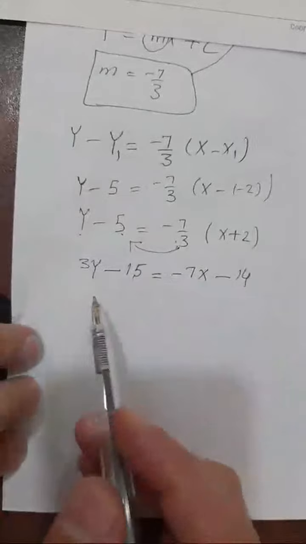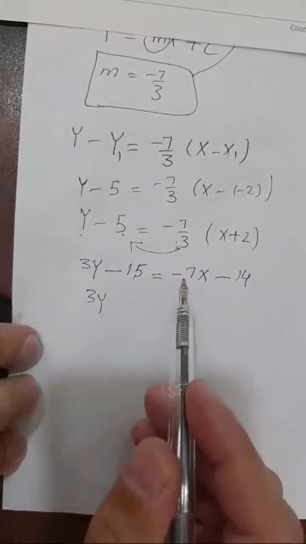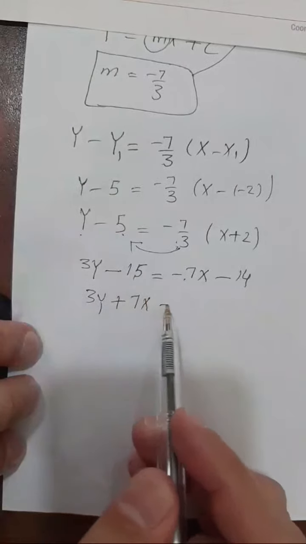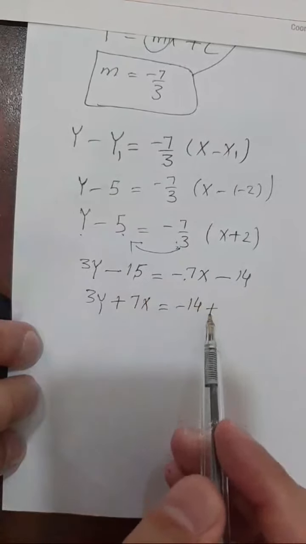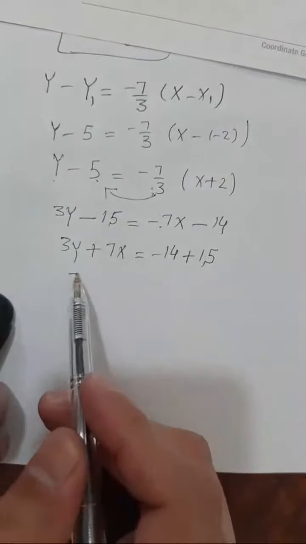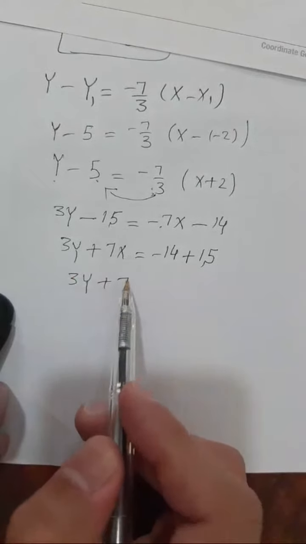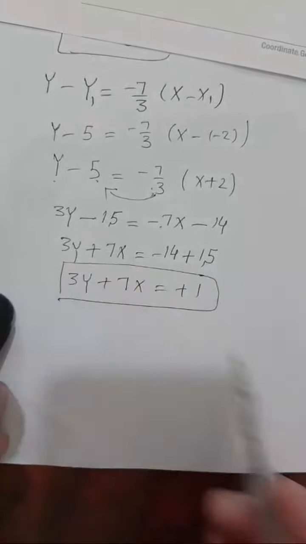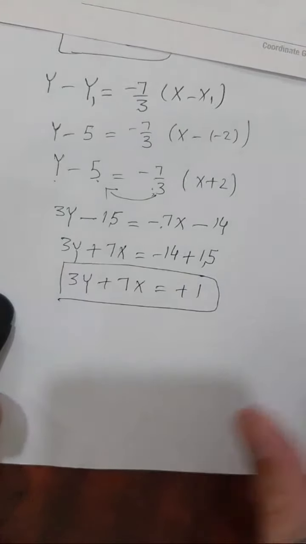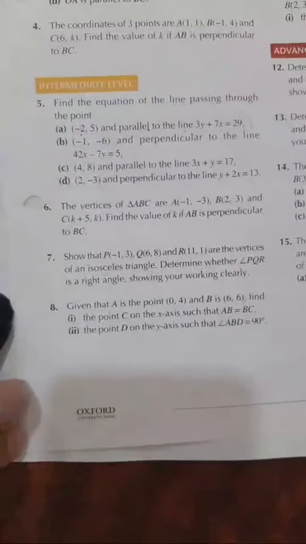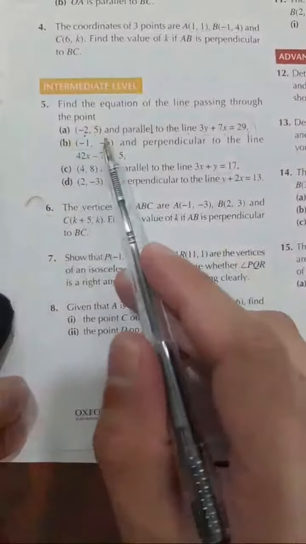And you can rearrange it. 3y minus 7x, when you move it to the left side, it will become plus 7x, that is equal to minus 14 plus 15, and minus 14 plus 15 is what? Plus 1. So this is the equation of the required line, that is from question number 5, part A.